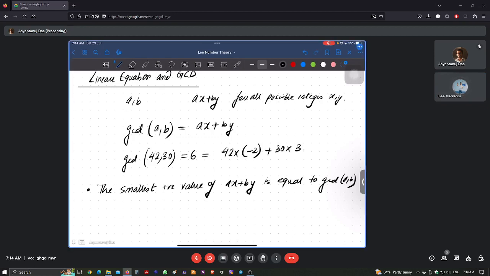So the Euclidean algorithm we already know. Here they are showing the Euclidean algorithm for the GCD of 22 and 60.